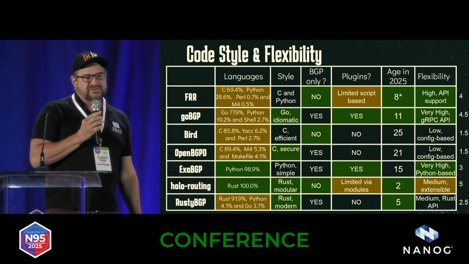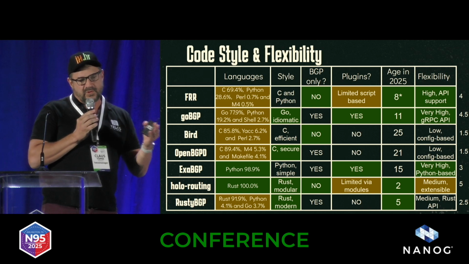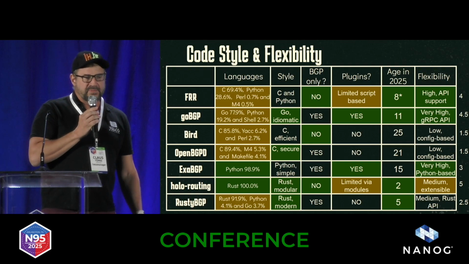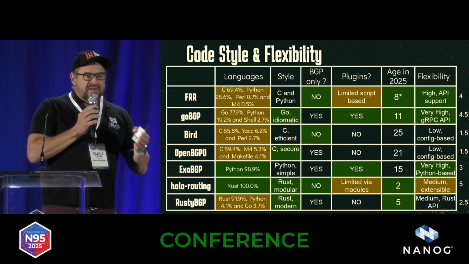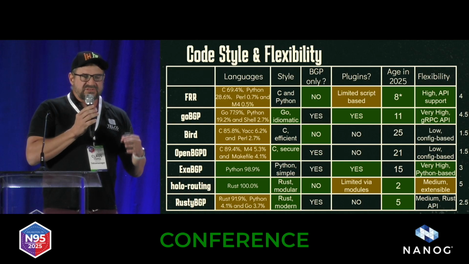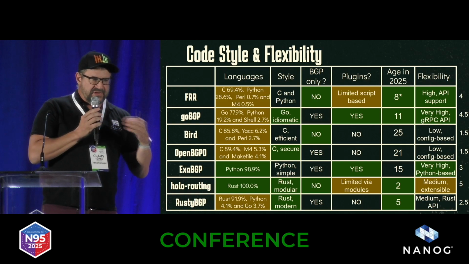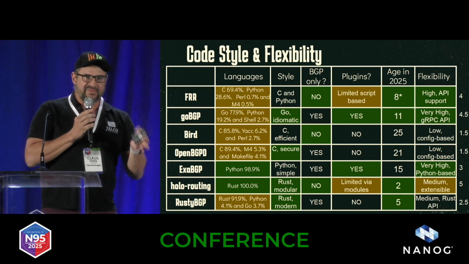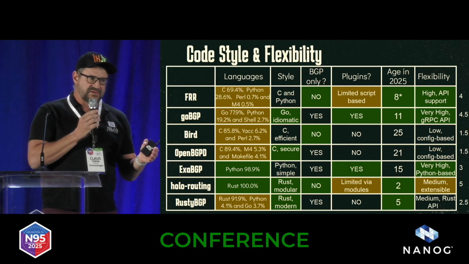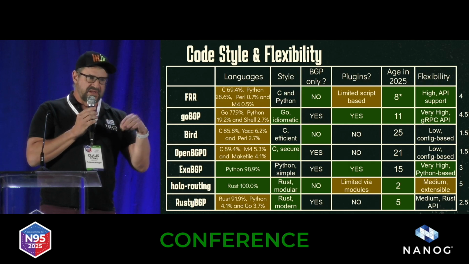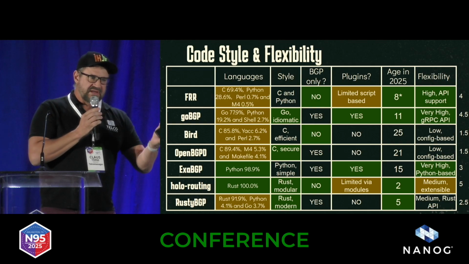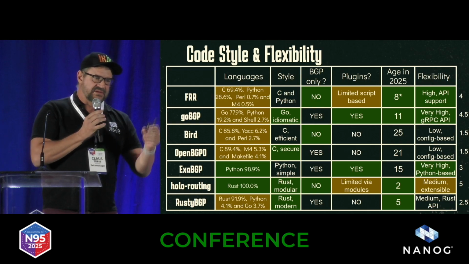FRR, for instance, also has Perl, but it's a small percentage compared to Bird. But it also has different languages, like GoBGP, Bird, OpenBGPD. So I give half a point for those codebases, and the ones that were mostly one language, like ExaBGP and Holo, got 1 point.